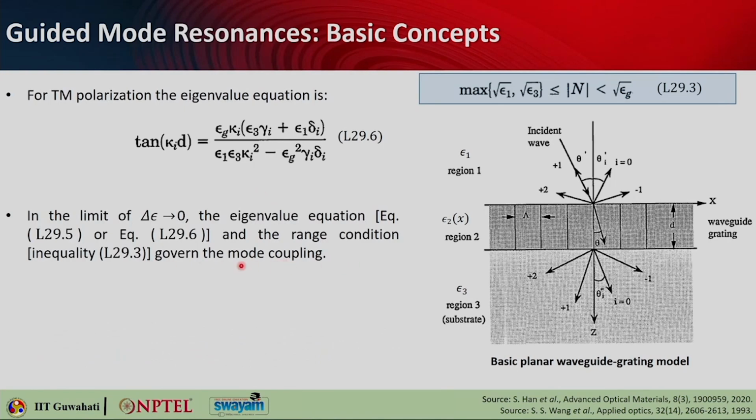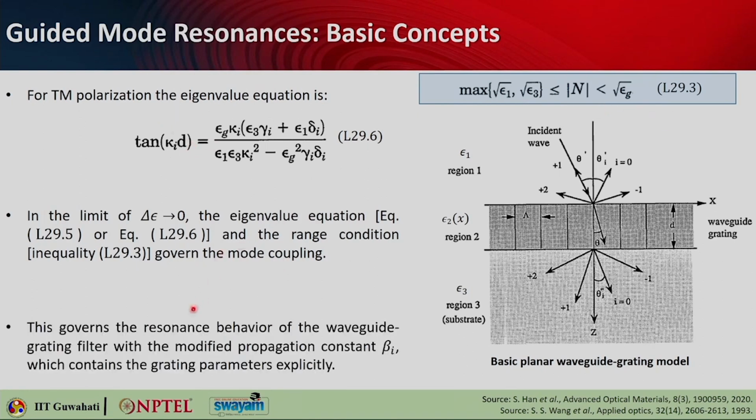So, they all govern the mode coupling. They tell you which modes are possible. Okay. This is that equation 3, and this also governs the resonant behavior of this waveguide grating filter with the modified propagation constant beta_i. Here in this case this will contain the grating parameters explicitly.